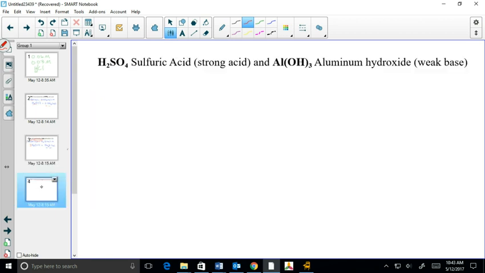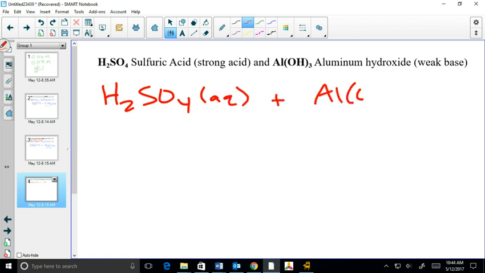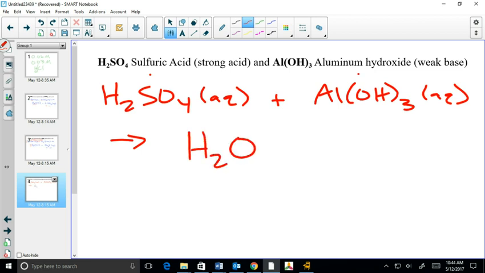Third example is sulfuric acid and aluminum hydroxide. H2SO4, again aqueous, is reacting with aluminum hydroxide, an aqueous solution. They are producing, again, acid plus base produces water plus the salt, the leftover pieces.